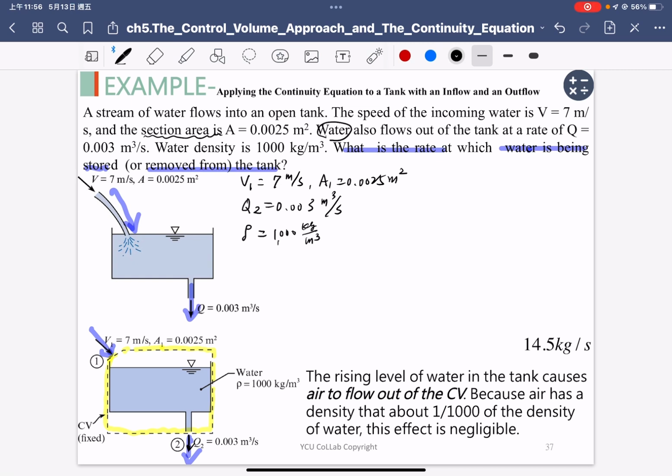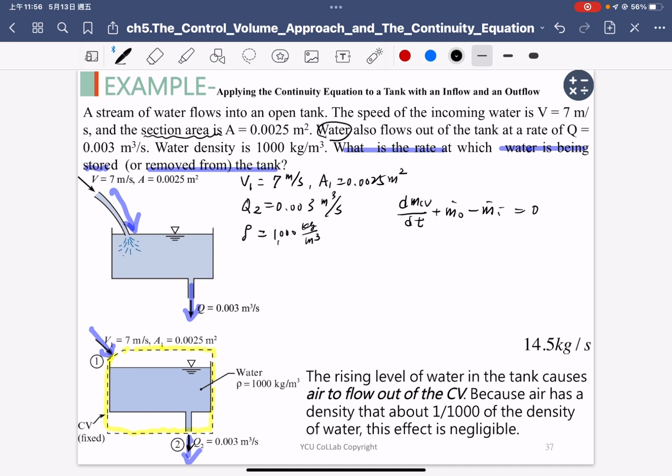So for our equation, we just base on the continuity equation. We have dm_CV/dt plus m-dot out minus m-dot in equals 0. This is the continuity equation.